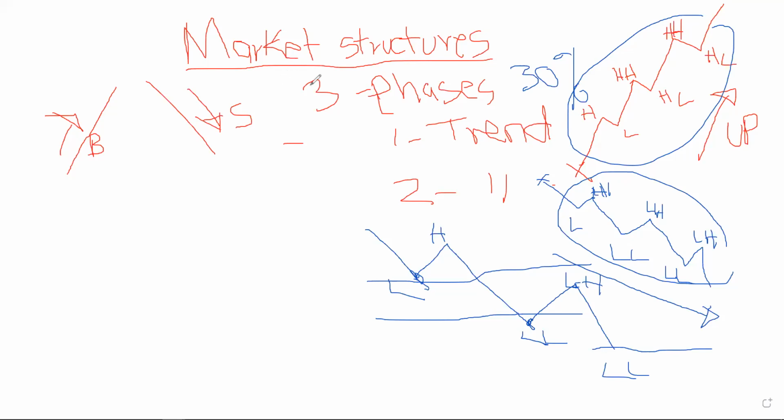Okay, so we're talking about higher highs and higher lows. That's the first phase. The other phase is what we call consolidation. I'll call it 2. So this is 1, and this is 2. So we call it a consolidation phase.